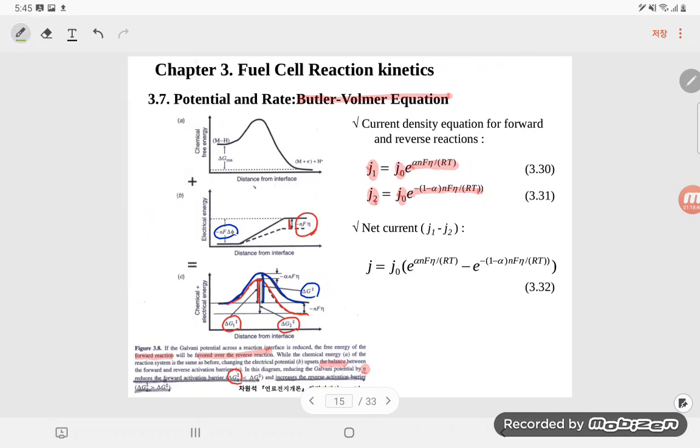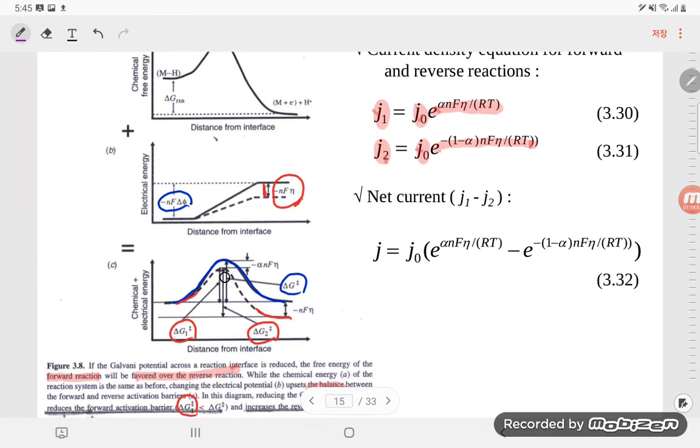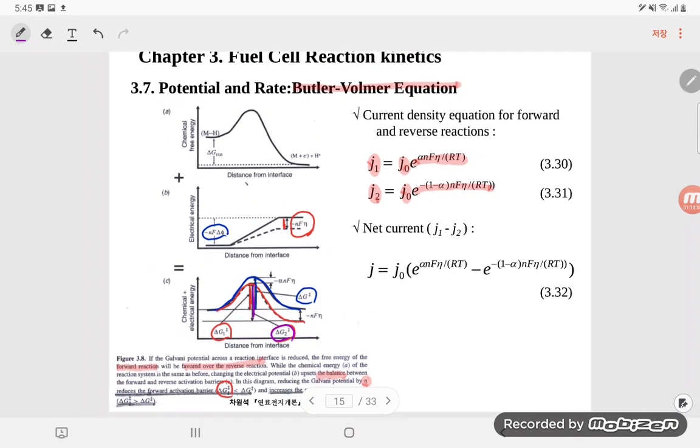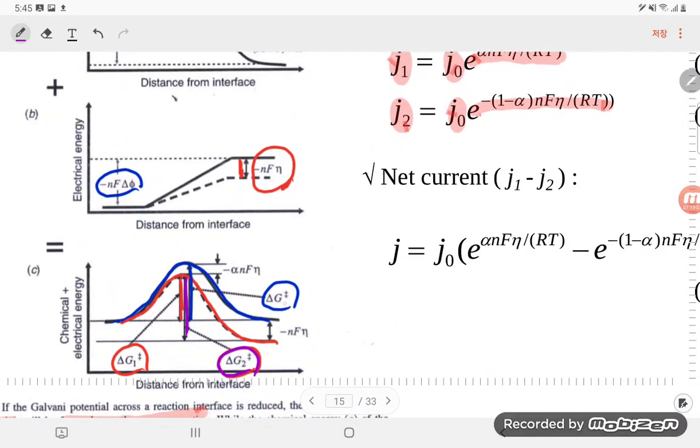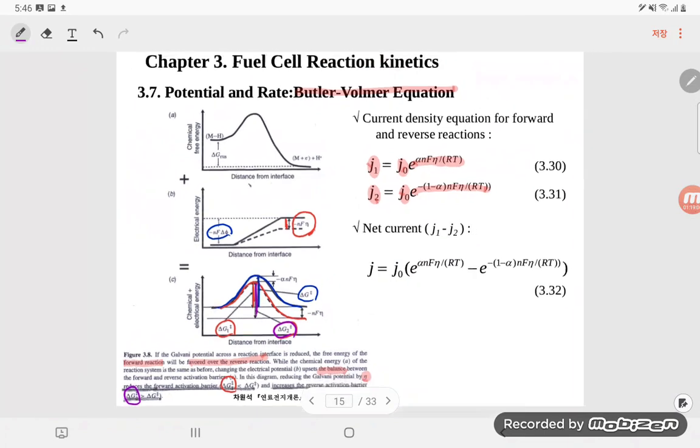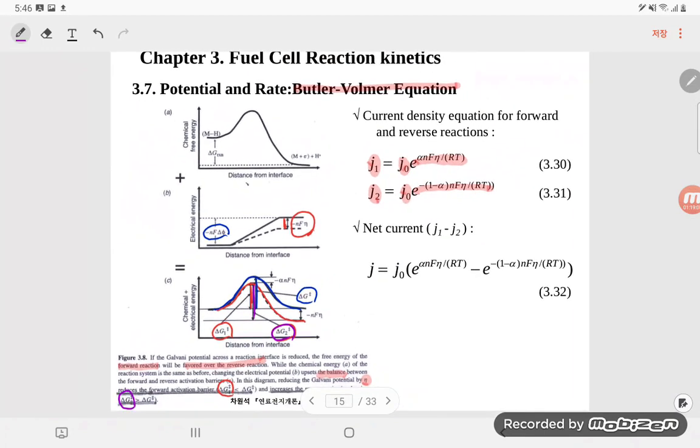Okay, the purple one. This is the delta G2, right? Delta G2 gets higher than this one, right? Okay, that's it. And we can express the current density like this.